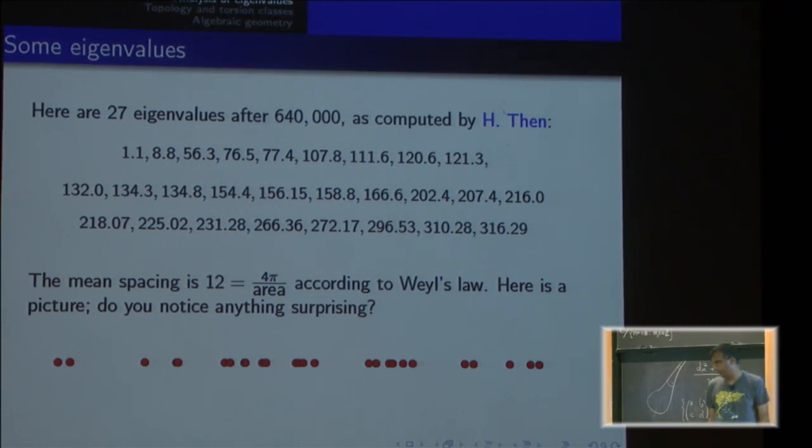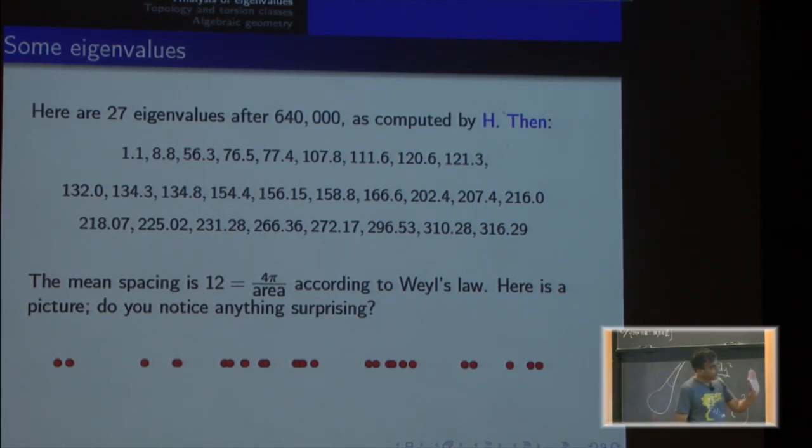They clump together. It's a little bit surprising. So in fact, these numbers pretty much look as if they were chosen from a uniform distribution. We tend to see the clumping, but even if you do it randomly, you find that's true. But in fact, that very fact is quite surprising.